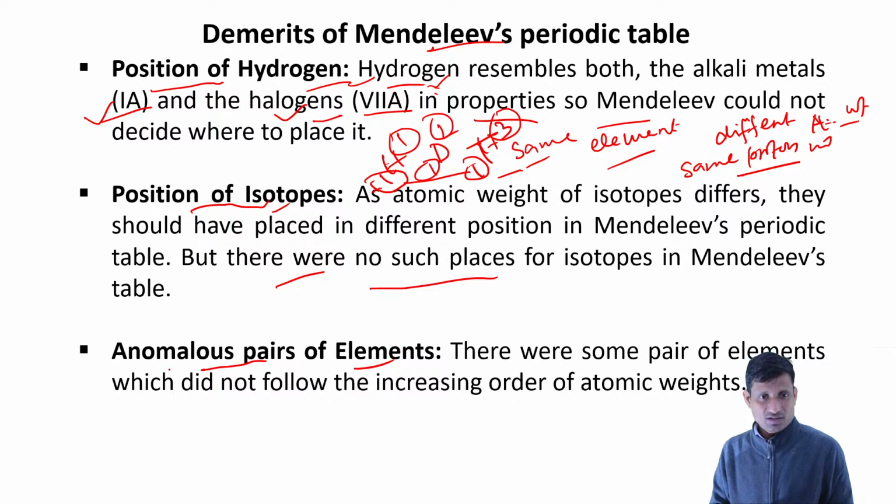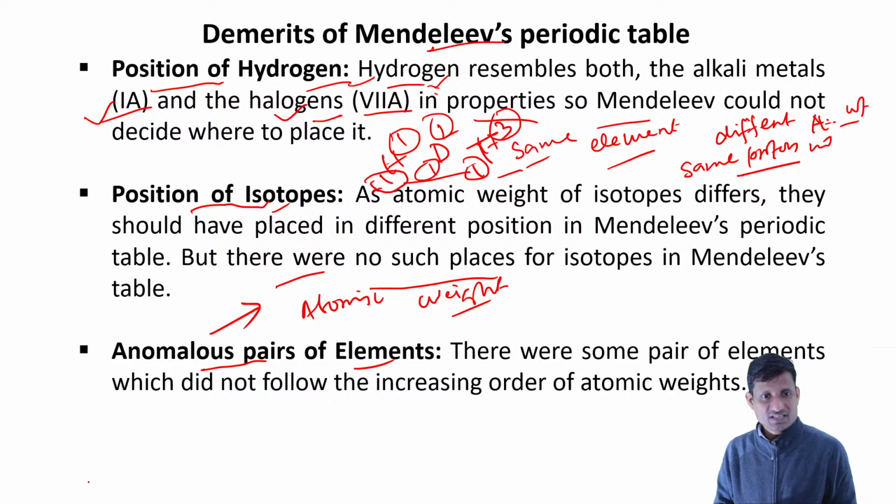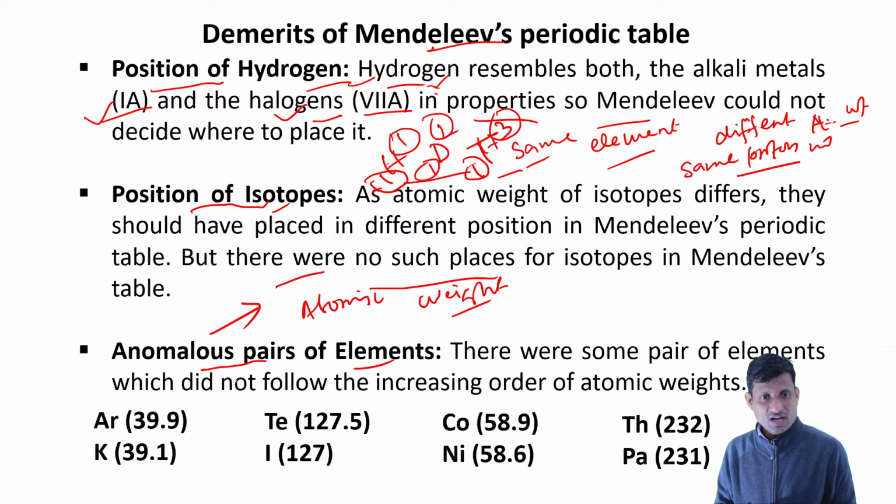Another is the anomalous pairs of elements in their atomic weight. He arranged all the elements according to their atomic weight, but there are a few cases, like argon and potassium, and tellurium and iodine, where the atomic weight of potassium is lower than argon, but still argon is ahead of potassium.